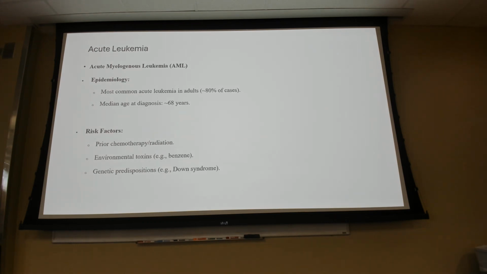This is the most common acute leukemia in adults. Risk factors include chemotherapy, environmental toxins such as benzene, and Down syndrome, so genetic predisposition. What's Down syndrome? Trisomy 21. The jury is still somewhat out, but Down syndrome patients are at very high risk for a lot of cancers.